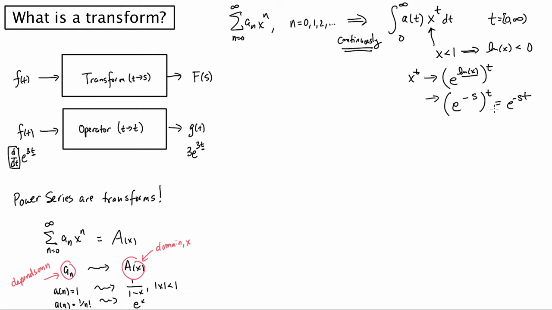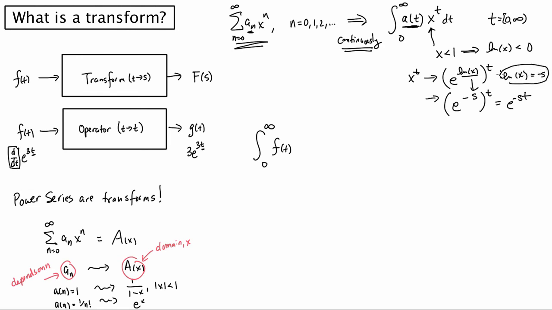We're just doing a change of variables here, and the result is that we have transformed the power series into this integral from 0 to infinity of some function a of t, which was previously coefficients for the power series, but we're going to think of them as functions here. And then we've transformed x to the t into e to the natural log of x to the t, and we've made a simple change of variables by replacing natural log of x with negative s.